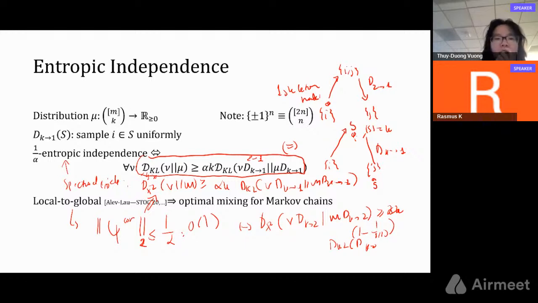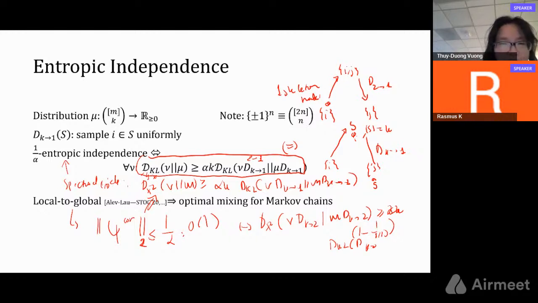So that's the thing with entropy, right? It's a pretty weird thing. There are walks where the 2-to-1 operator has no conduction at all, but the k-to-1 still has this alpha k. Not walk, but sorry, distribution mu.